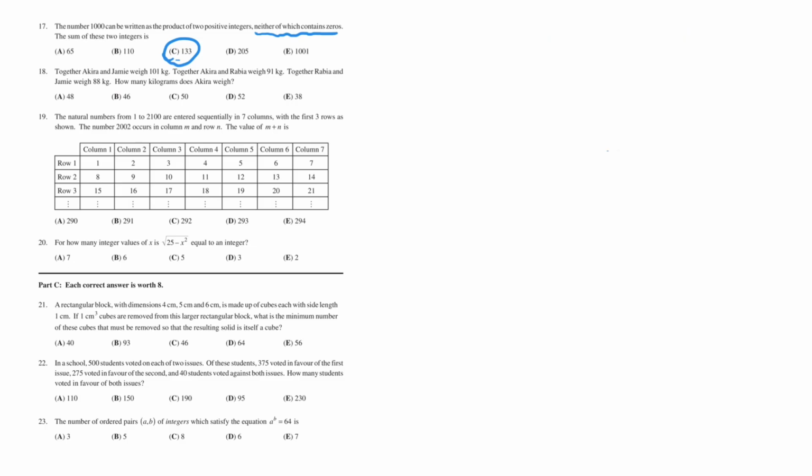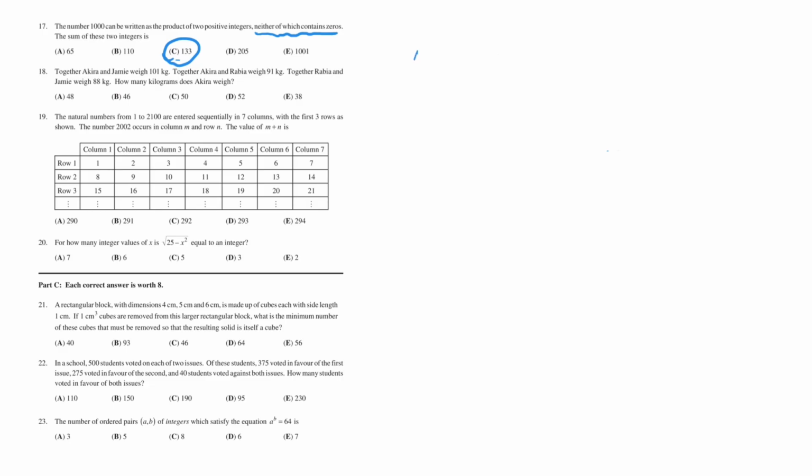Number 18. Together, Akira and Jamie weigh 101 kg. Together, Akira and Rabia weigh 91 kg. Together, Rabia and Jamie weigh 88 kg. How many kilograms does Akira weigh?